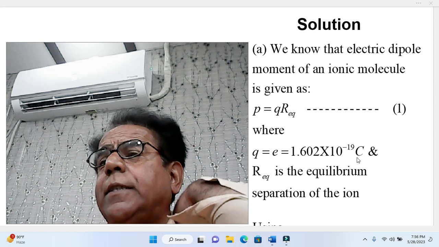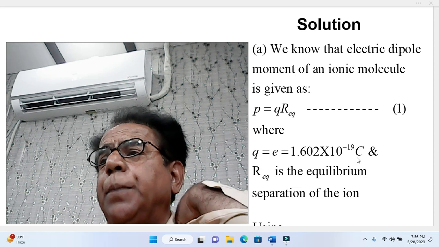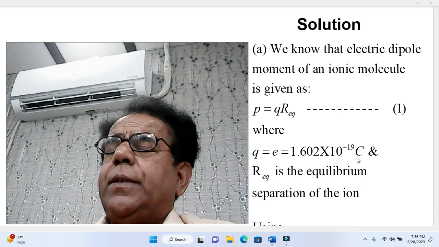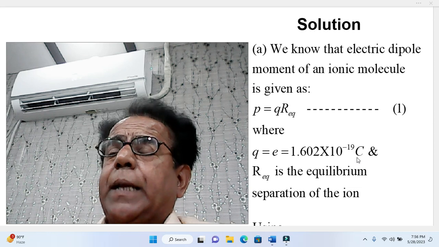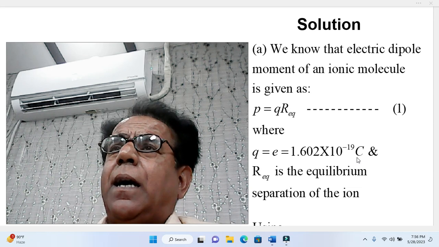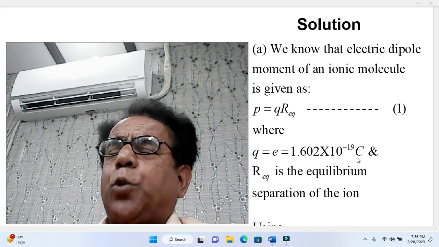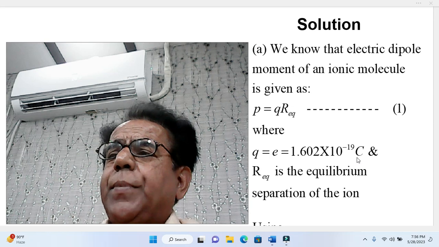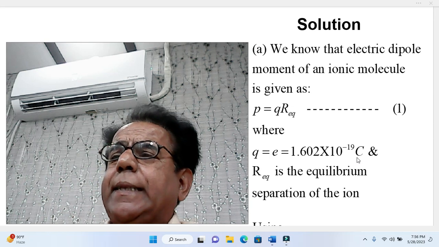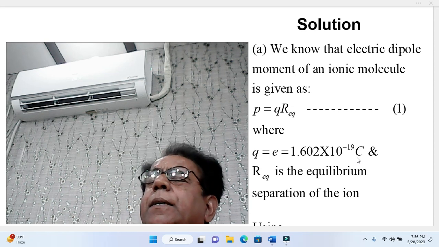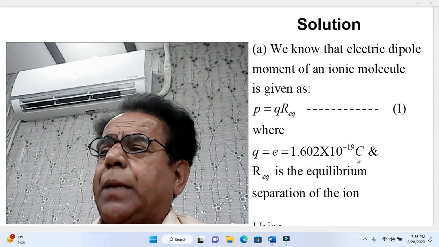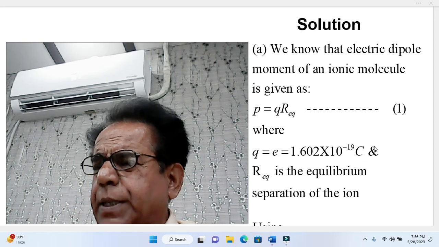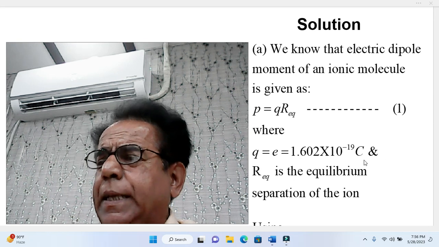We had skipped that table because we had included it in a large number of our previous problems or videos, so we did not spend time on the explanation or discussion of that table in detail. So this value is taken from that table which we skipped.